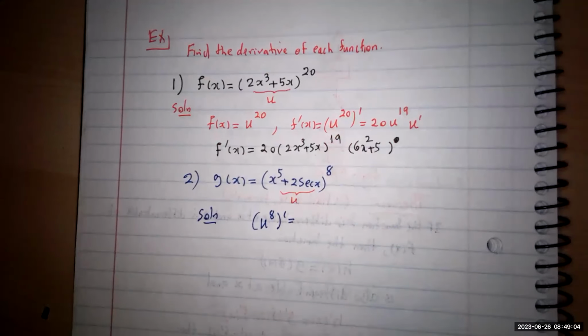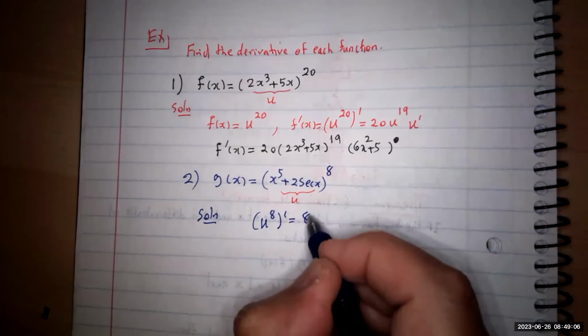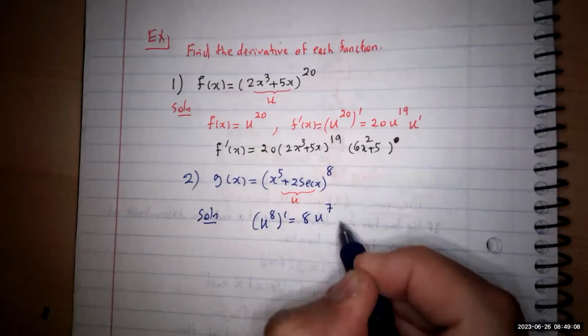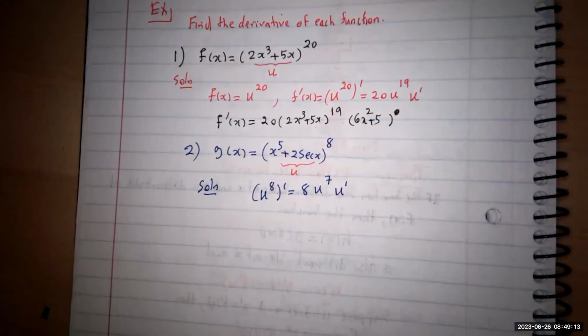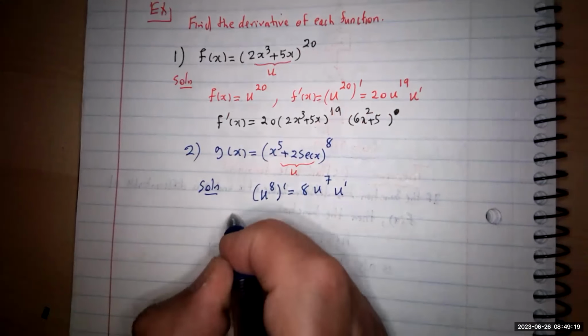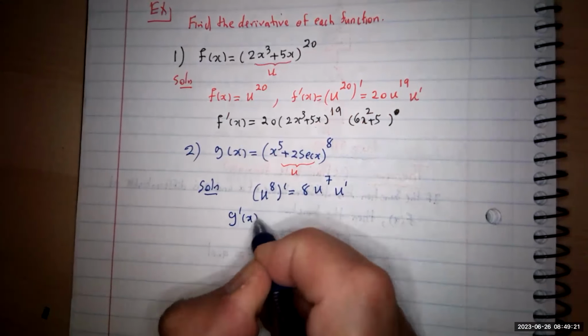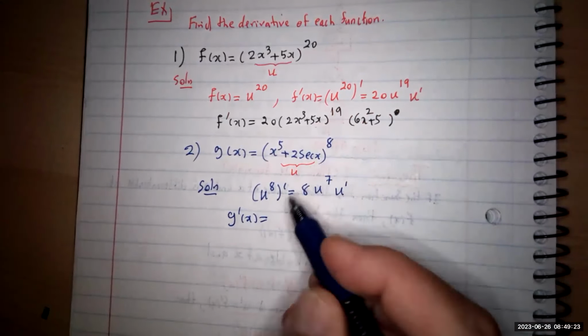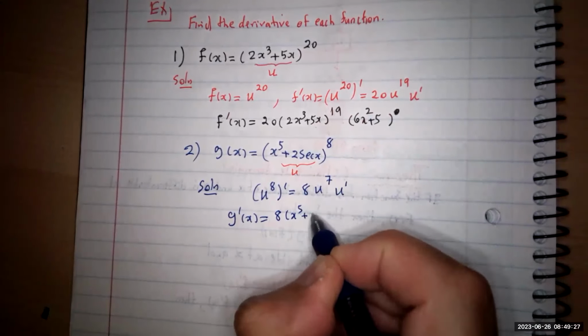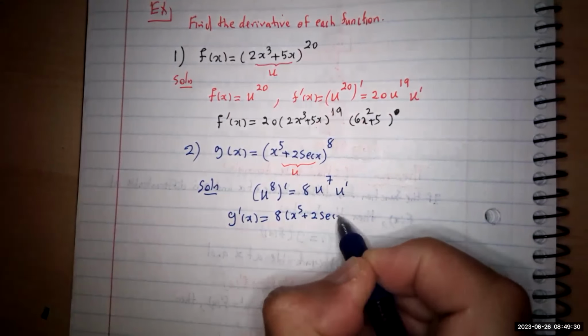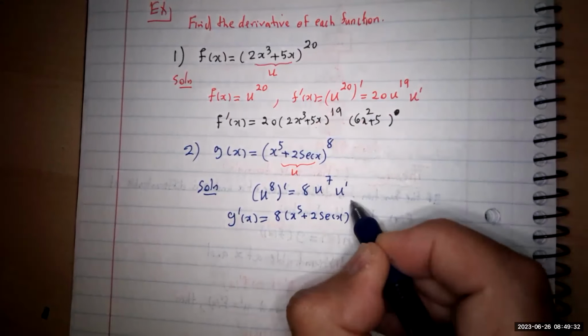You see, your formula would be 8 u to the 7 u prime. You don't have to write this on the test pad. That shows you what action you are going to take. So what's the result? G prime of x is equal, copy the formula. Bring the 8 down, 8 times x to the 5th plus 2 secant of x, raised to what? 7.